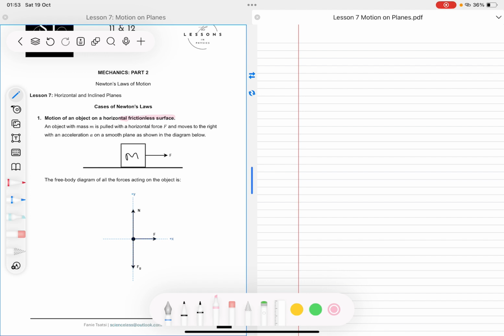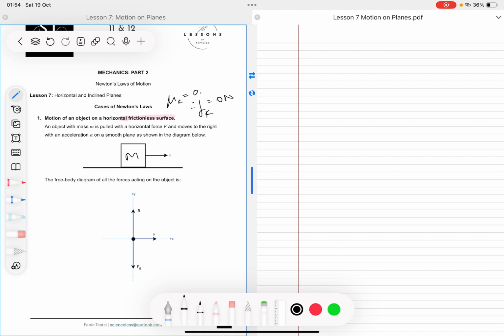It moves on a surface that doesn't have friction. Now, as you know by now, this would mean that our kinetic friction, because it's moving, is equal to 0. Therefore, our kinetic frictional force is 0 newtons.